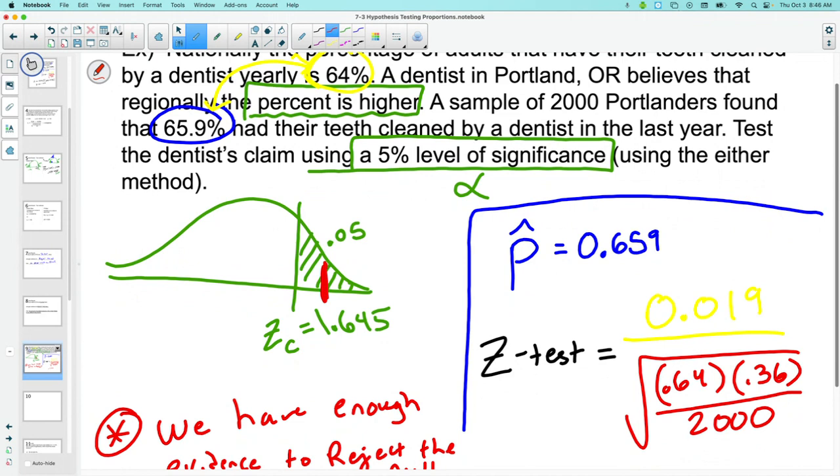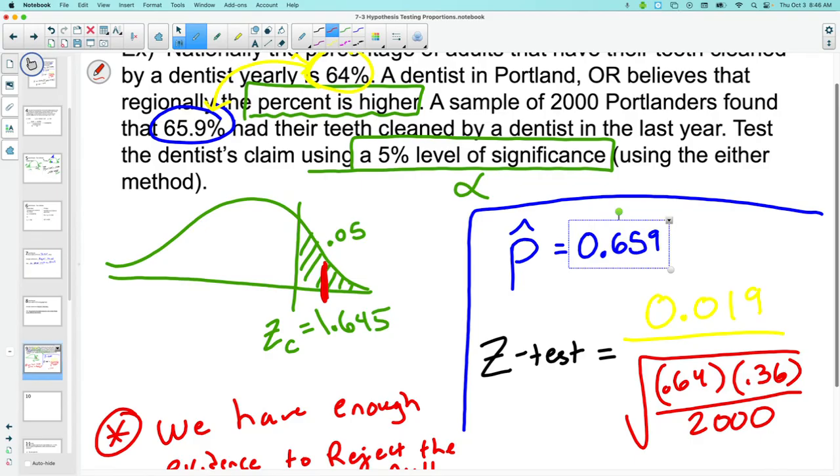Is it exactly 65.9%? I don't know, right? So I only asked 2,000 people. I'm gonna guess there's more than 2,000 people in Portland. But the average in Portland is probably higher than 64%, right? The average there is likely higher.